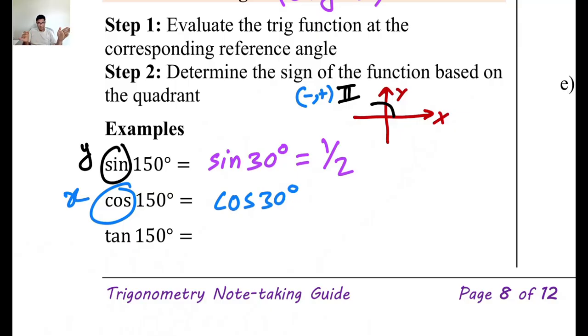See, everything we have been talking about from the beginning of the video is required here. So you cannot skip, you cannot miss, you cannot afford to not understand previous concepts. Cosine is x coordinate. So in the second quadrant it is negative, and that gives you negative root 3 over 2.